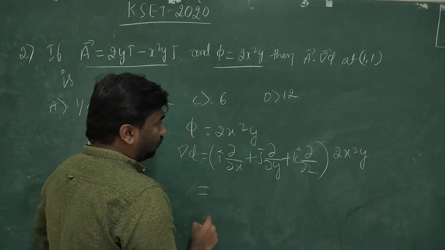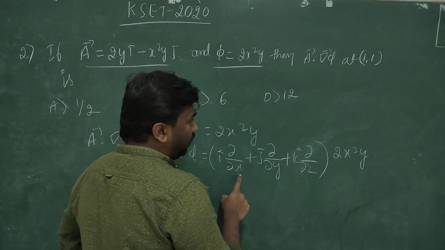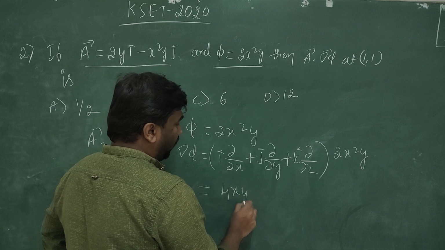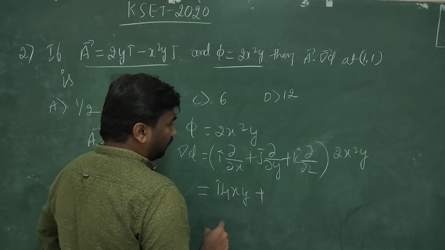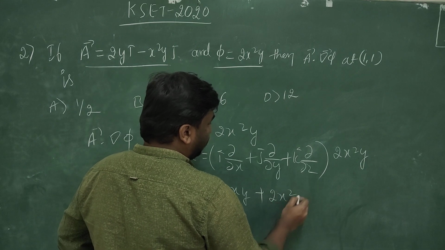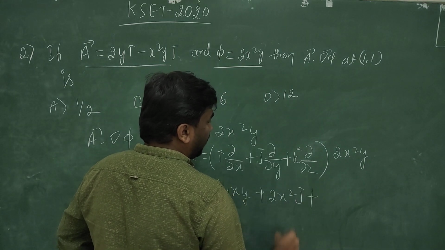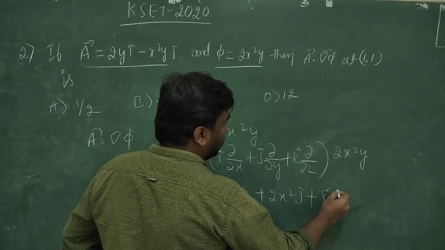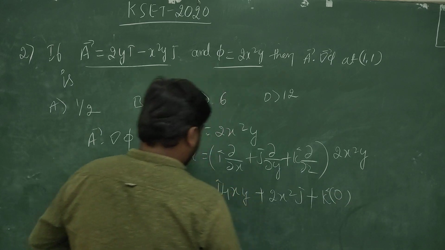And phi is 2x square y. Then it is equal to I into dou by dou x, so 4xy I cap, plus j, 2x square j cap, plus k cap into dou by dou z. There is no z term, so it is 0.